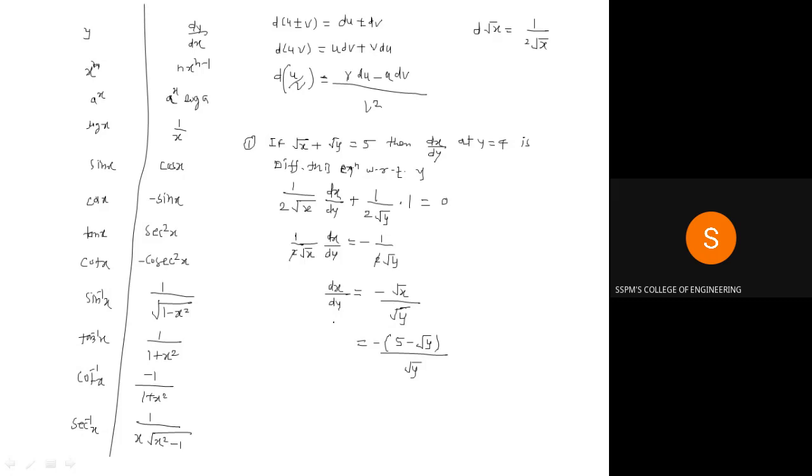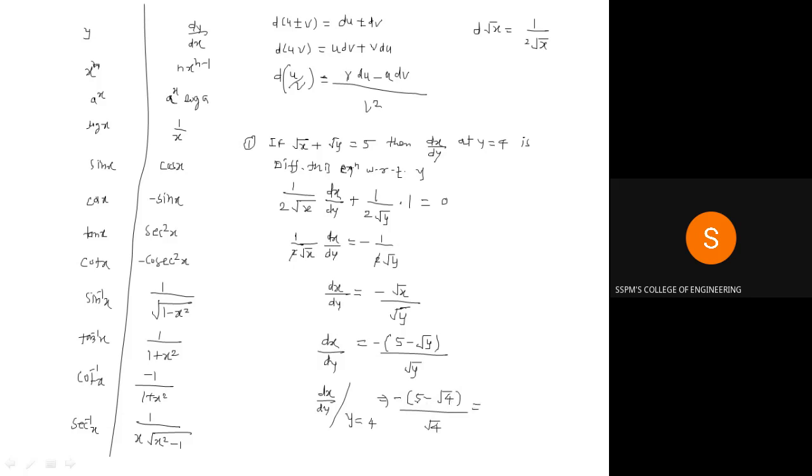And once we get the term in the form of y, we can substitute y is equal to 4. So dx by dy at y is equal to 4 is minus 5 minus root of 4 upon root of 4. तो अगर ये आप सिंप्लीफाई करोगे तो क्या मिलेगा?